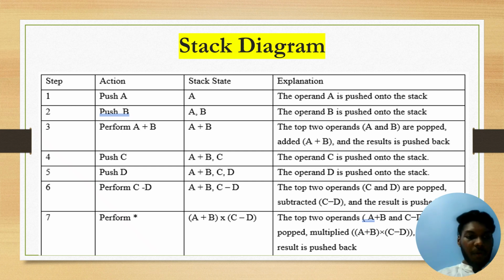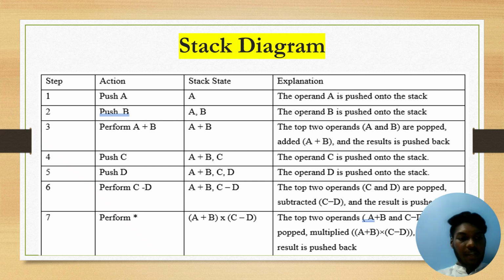Step 7, perform multiplication. Finally, the two top elements on the stack, A plus B and C minus D, are popped. They are multiplied together, giving A plus B times C minus D. The final result is then pushed back onto the stack. This completes our stack-based evaluation of the given arithmetic expression.